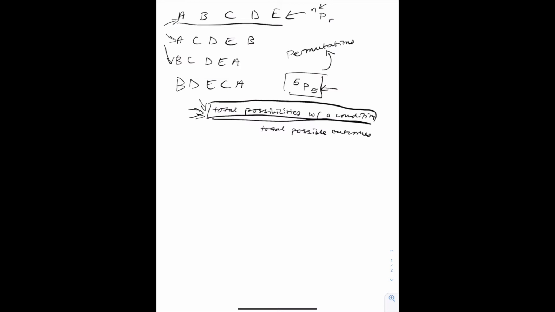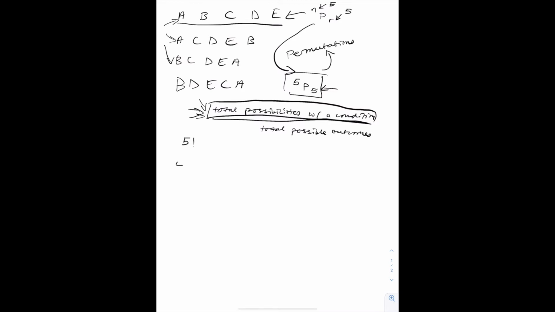So let's simplify that. There are 5 letters here, so that means n is 5. And we're using all 5 letters to rearrange them, so r is also 5, so that becomes 5P5. So how do we evaluate 5P5? Well, 5P5 is actually where we use 5 factorial. So factorial is when you multiply everything beneath the number itself.